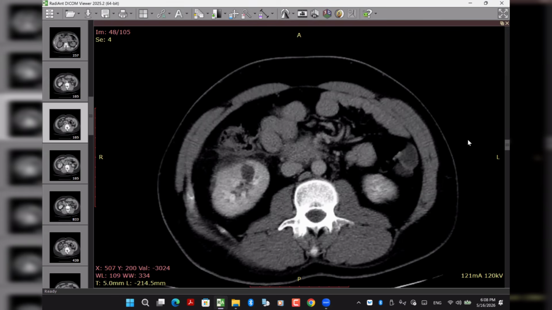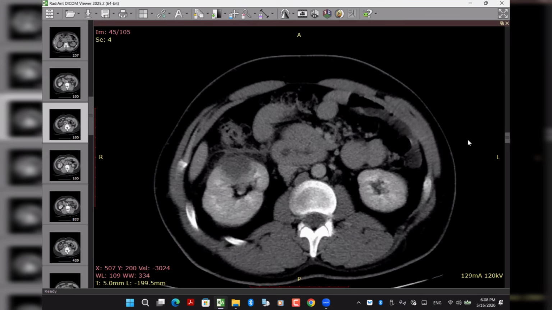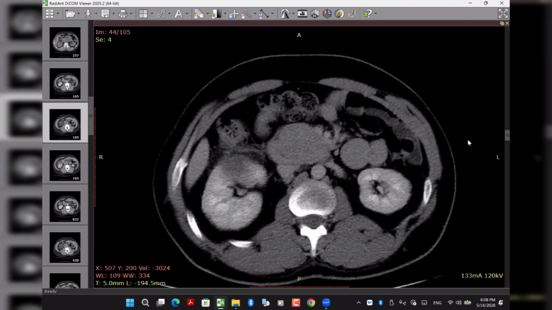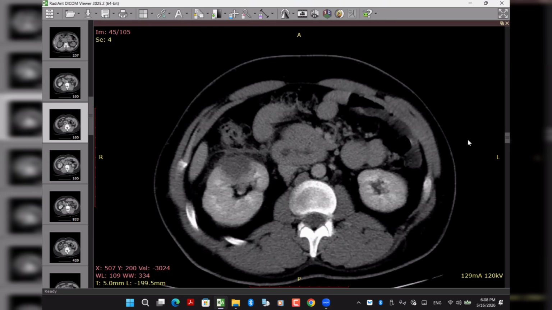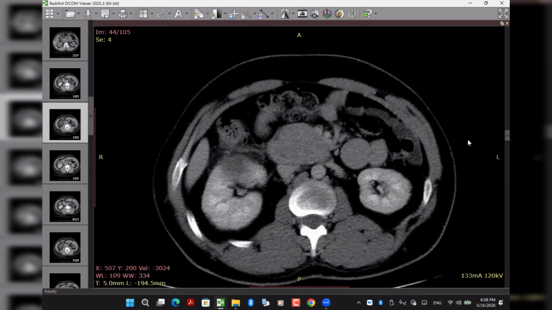And on this, I'm again looking at that area of abnormality. So within this rounded area of abnormal soft tissue, there is a hypodense central area, which appears to be maybe not enhancing, and then peripherally there's some more soft tissue component.